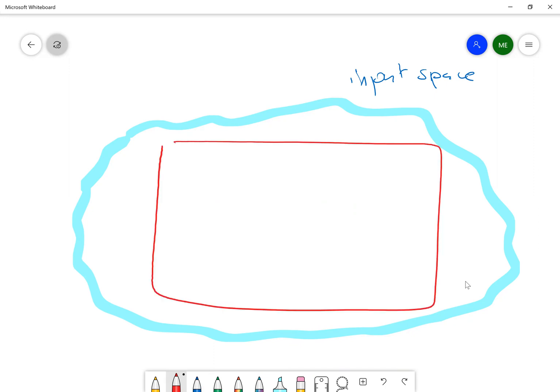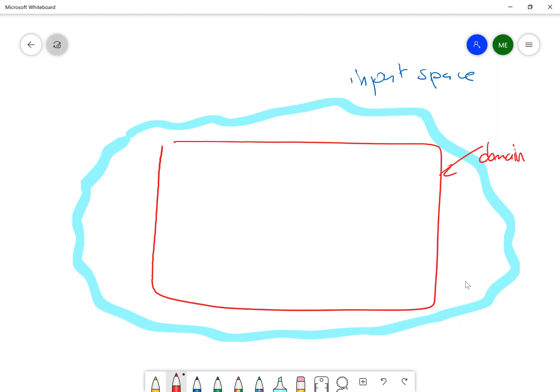This is called the domain. Really, the red border is the same as the blue border. It's just we've identified the finite set of inputs that we can possibly have. So this is what we call a domain.